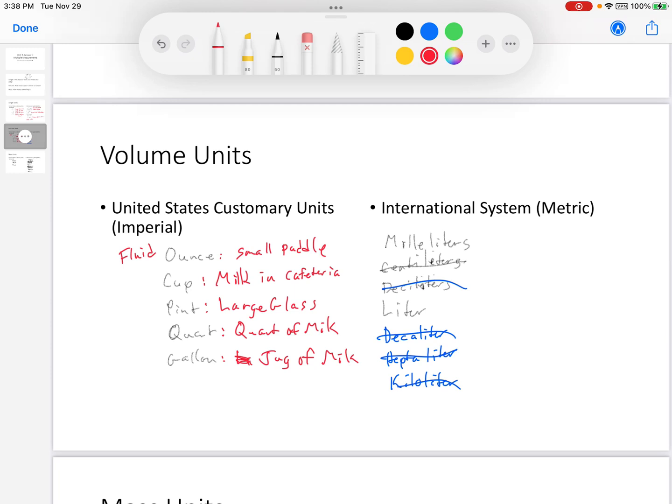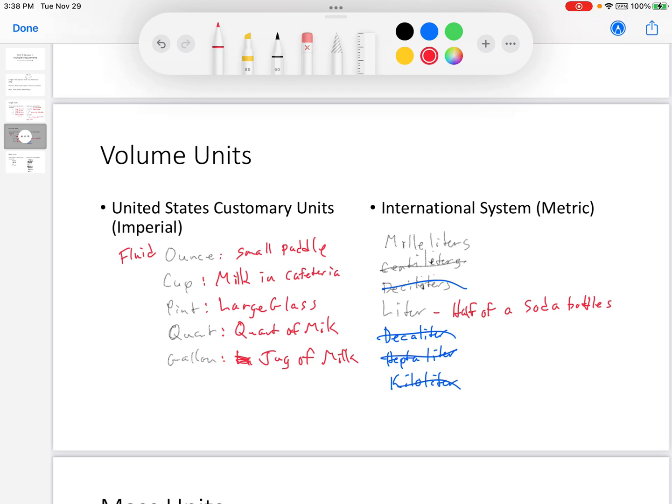We drink a lot of milk. It's a very common liquid that we have in our lives. So liters are half a bottle of soda. Generally, bottles of soda are 2 liters, so half of that would be a 1 liter.